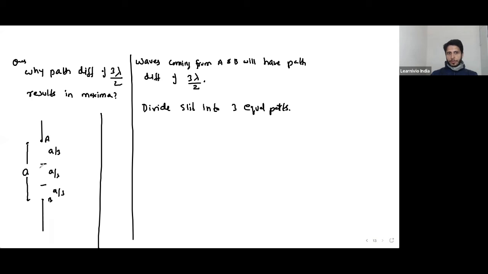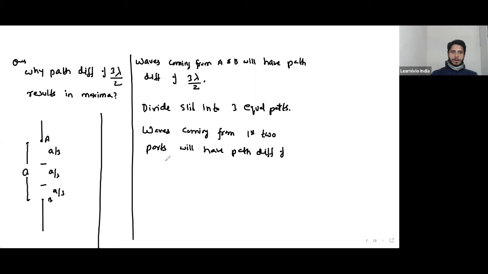The waves coming from the first two parts will have a path difference of lambda by 2, so they will superimpose destructively.